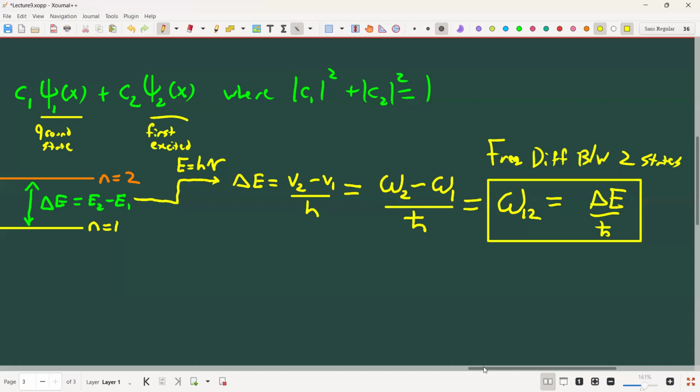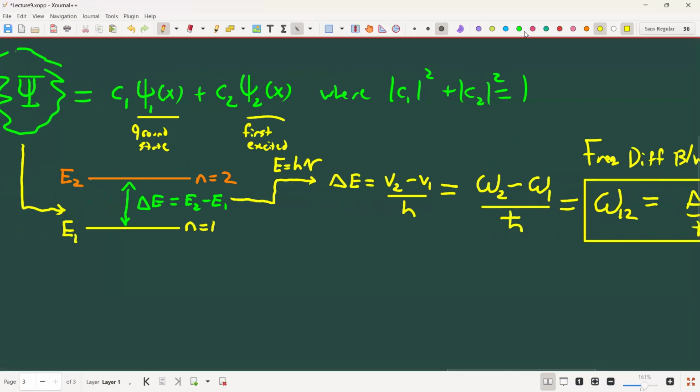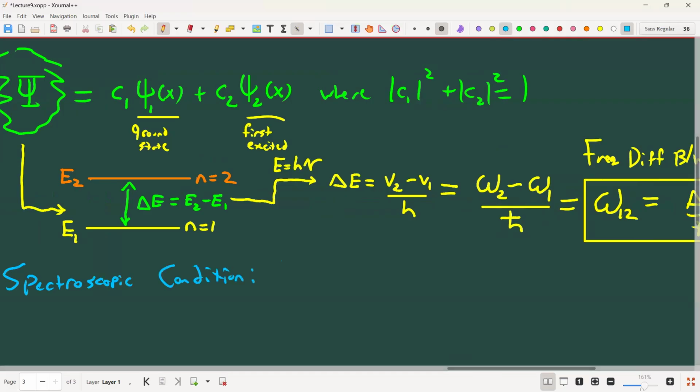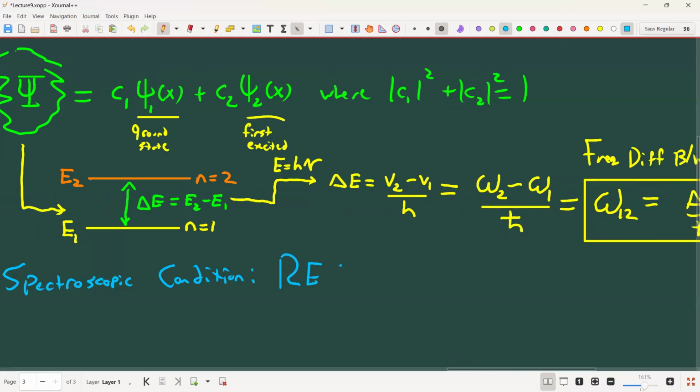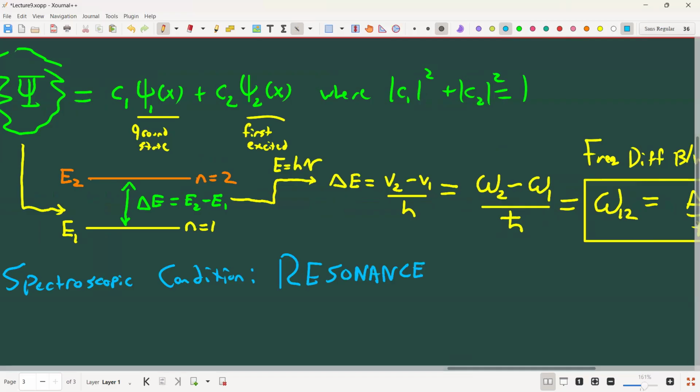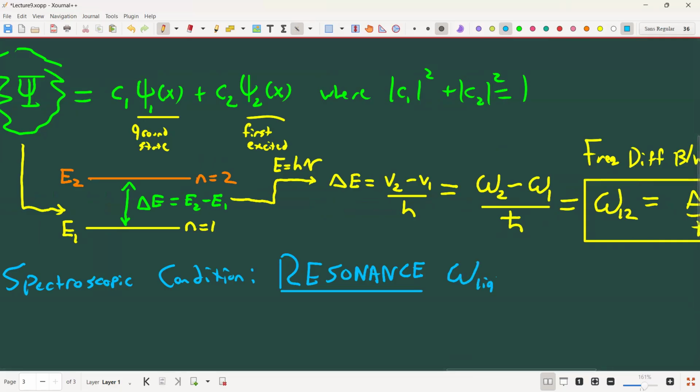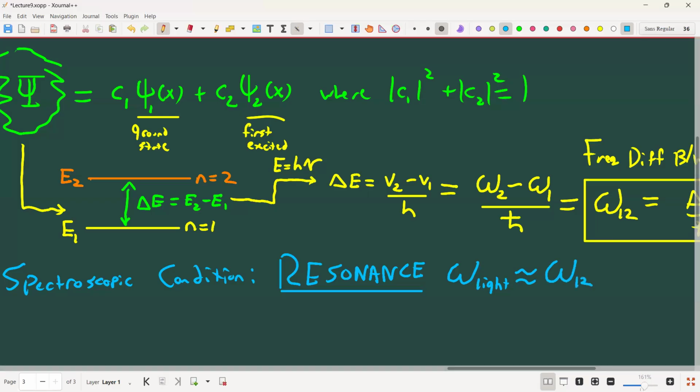Our spectroscopic condition, which we call resonance, is where the frequency of the light is basically omega 1,2. Ideally, it needs to be right on.